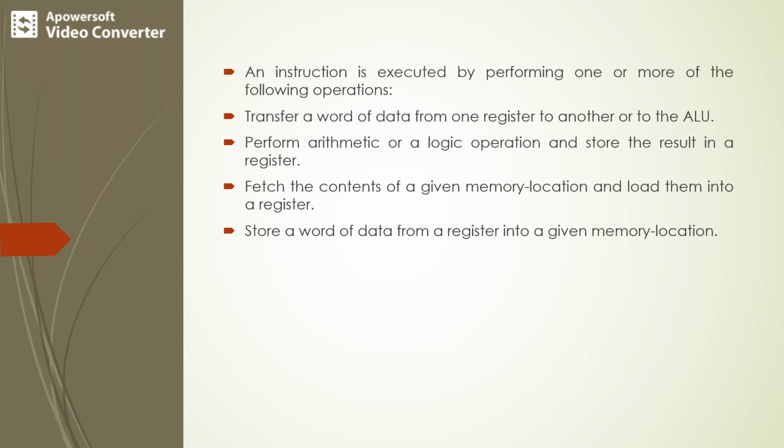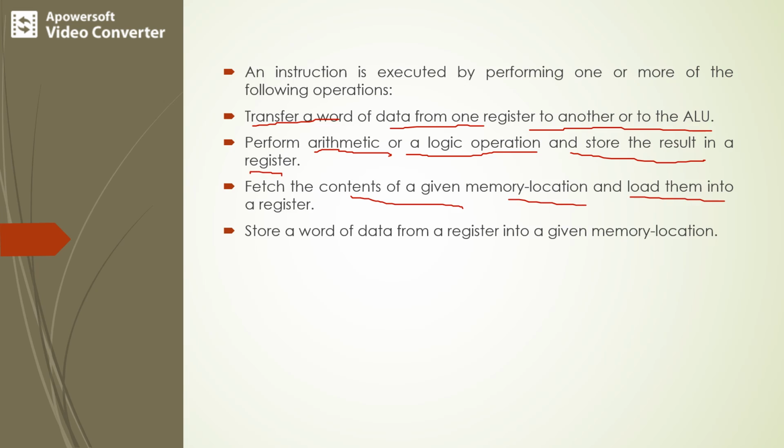An instruction is executed by performing one or more of the following operations: the transfer of a word of data from one processor register to the ALU, transfer a word of data from one register to another or to the ALU, perform arithmetic and logic operations and store the result in a register, fetch the contents of a given memory location and load them into a register.